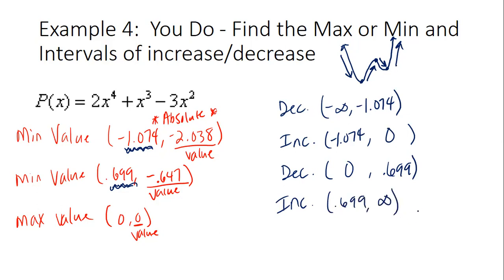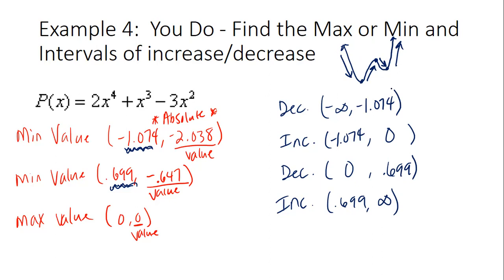So that's how it would work using DESMOS as your aid to show those intervals of increase and decrease. It'll get the job done, and it does the same thing. Notice how I listed decrease and increase from left to right. You can separate them into columns, but to stay in order, it helps me to go from left to right.